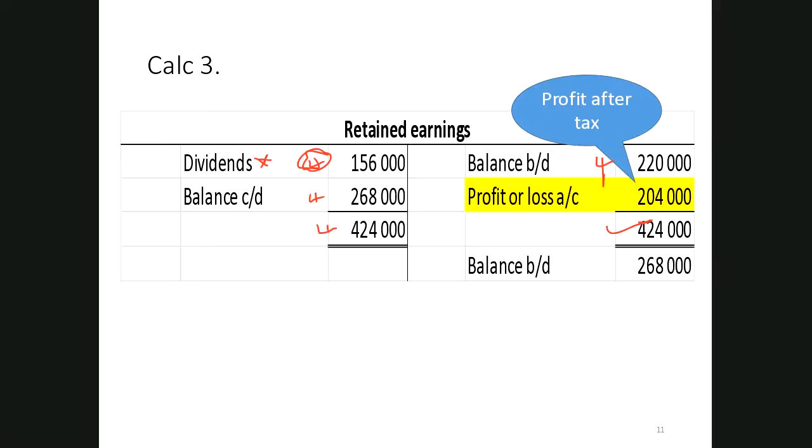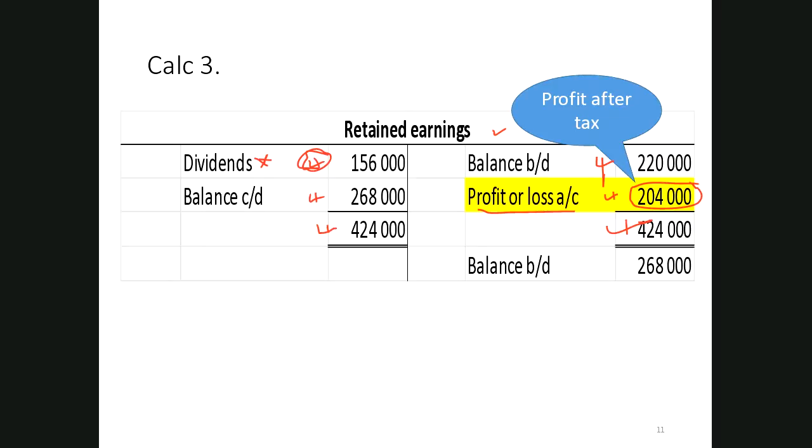The retained earnings account, therefore, has a balancing amount of 204,000, which would have come from our profit and loss account. Remember, at the end of the year, all of the income and expenses get closed off to the profit and loss account. The balance on the profit and loss account must have been a credit balance. So we would have debited the profit and loss account and credited the retained earnings account with this amount of 204,000.